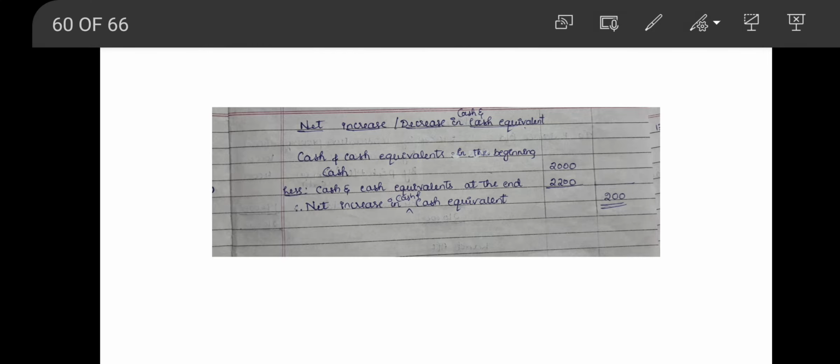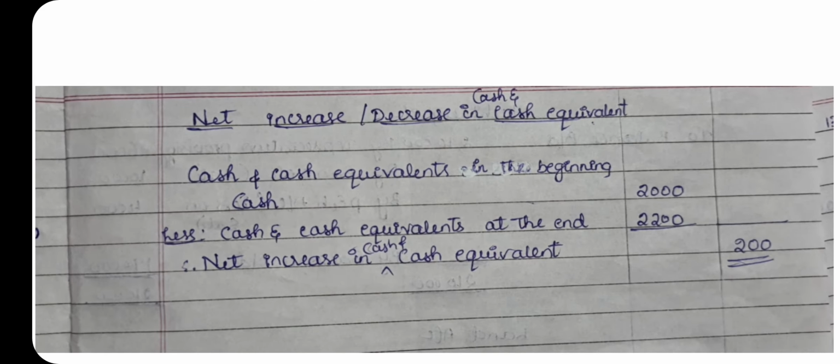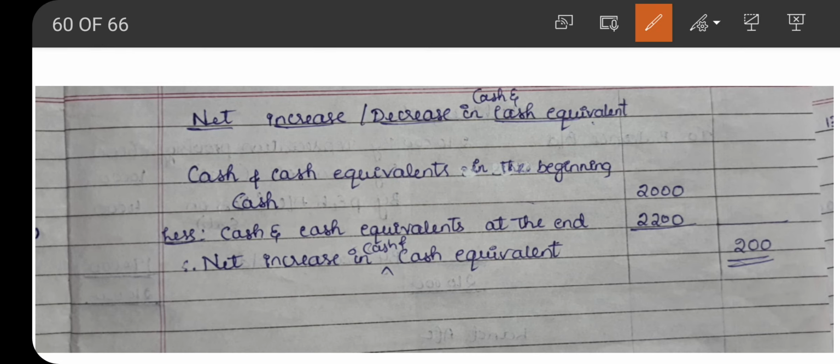Now we need to calculate how much amount has been increased or how much amount has been decreased with respect to cash and cash equivalent. So the heading will be net increase or decrease in cash and cash equivalent. For that, we should consider the opening balance of cash and cash equivalent and closing balance of cash and cash equivalent.